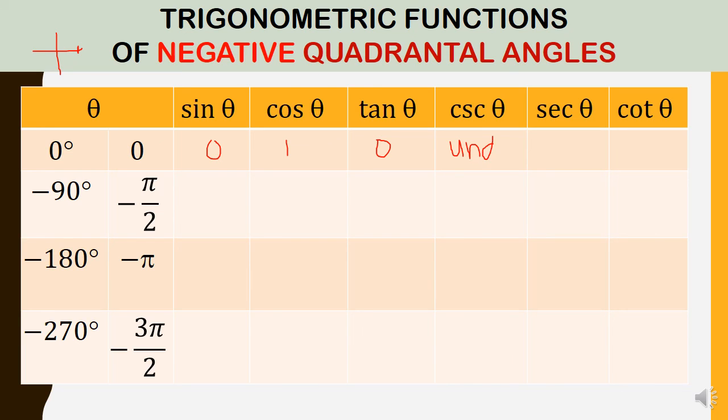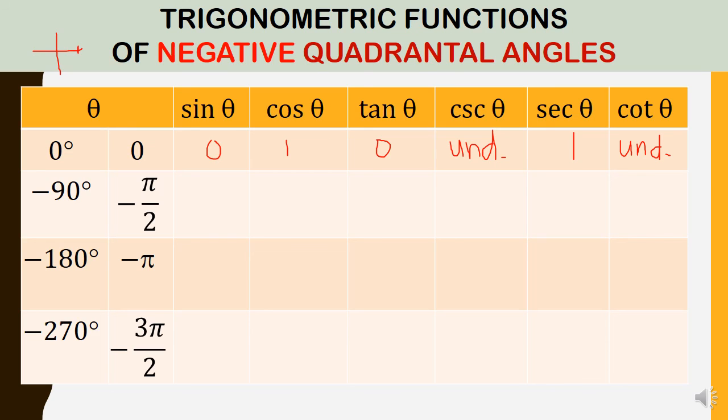Okay lang na i-denote to as UND and then period. Wag lang U tapos period. Walang ganon. Okay? So, secant theta naman is 1 over 1. So, that is 1. Cotangent theta is cosine over sine. So, this will be undefined. So, same as the positive quadrantal angles, we have two undefined trigonometric functions for every row.